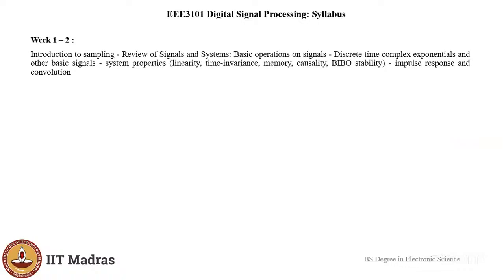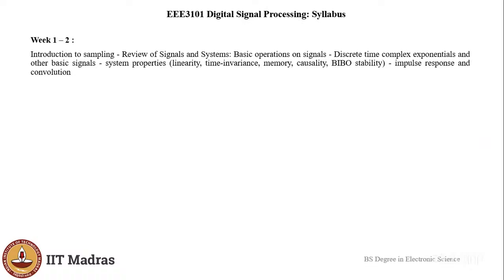Okay, so these are the contents. Weeks 1 and 2 will be a review of signals and systems. Basically, in Signals and Systems, you might have studied continuous time signals. Here we'll be going into detail about discrete time signals and systems, the basic operations like folding and shifting, and the system properties which you have studied for continuous time.